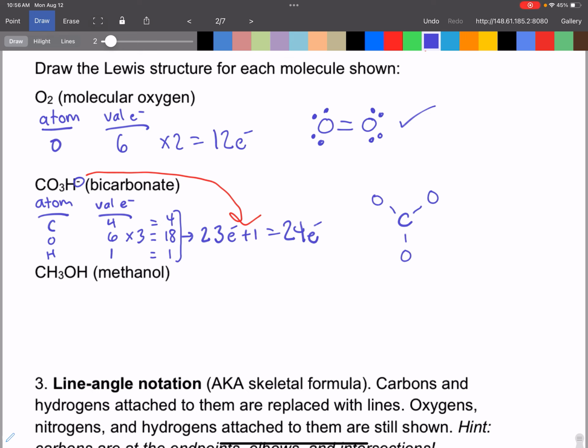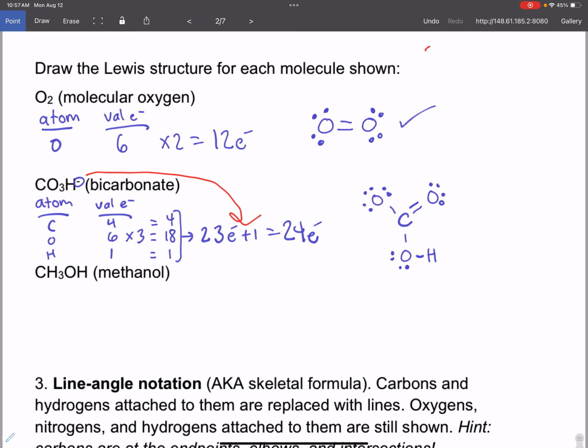You'll quickly discover in doing the math that you're going to have a double bond going to one of those, and you're going to need a hydrogen going to one of the other oxygens like that. The rest of those electrons are going to be in the form of lone pairs. So we're going to have lone pairs on that oxygen, more lone pairs on this one, and lone pairs here and here.